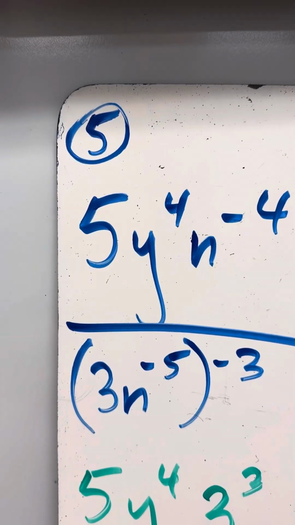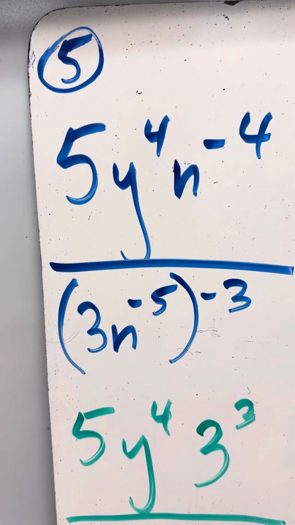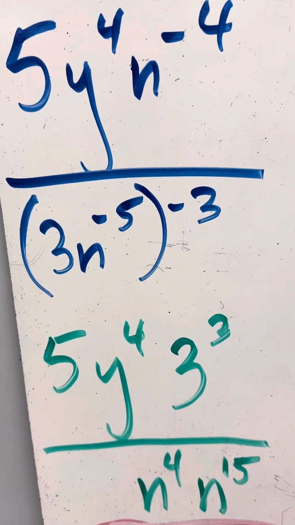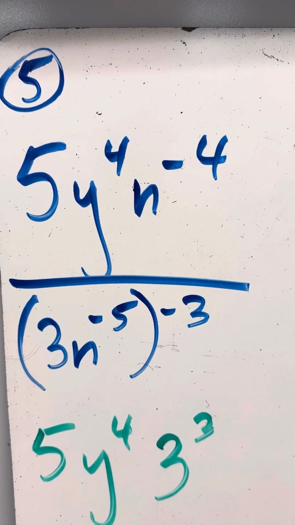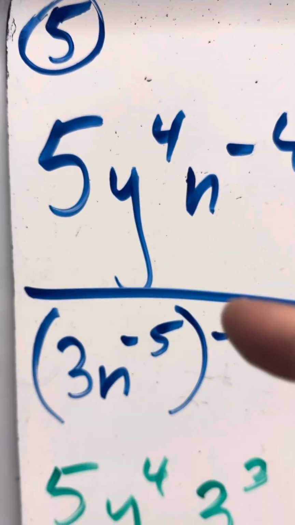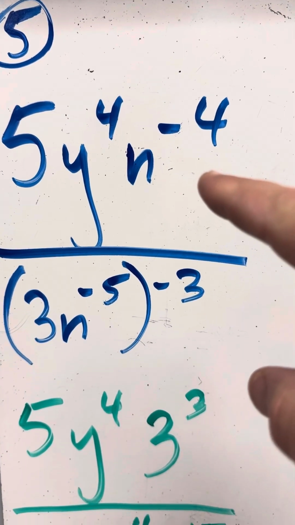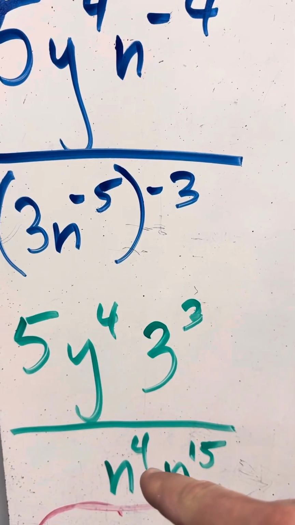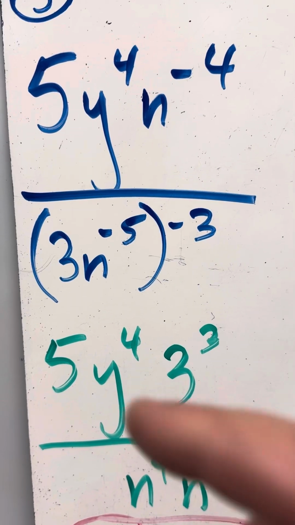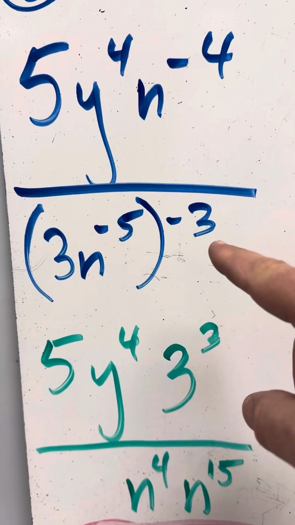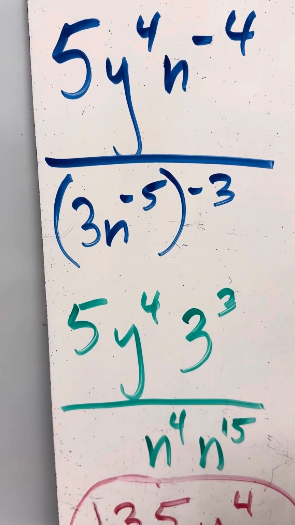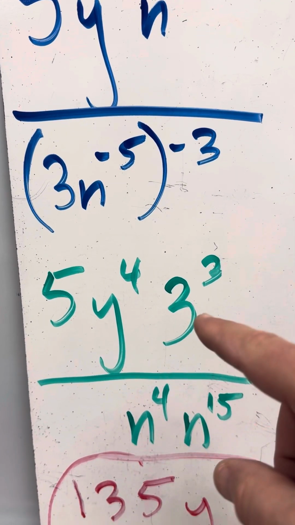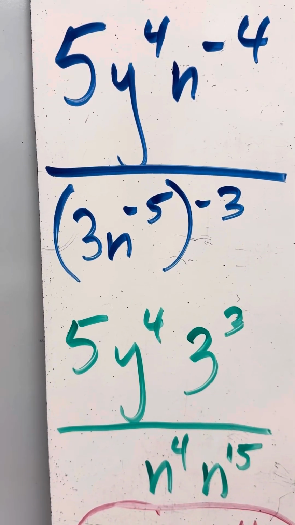Over here, I'm going to leave 5 to the 4th, and I'm going to take 5y to the 4th. I'm going to leave that alone. But this n to the negative 4th, I'm going to move it to the bottom, make it n to the 4th. Okay. I have 3 to the negative 3rd on the bottom. So I'm going to make that 3 to the 3rd on top.